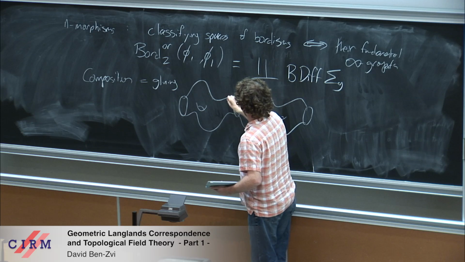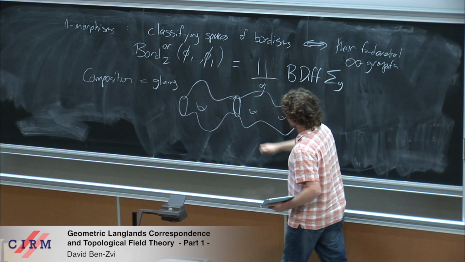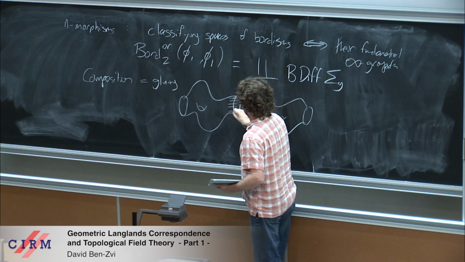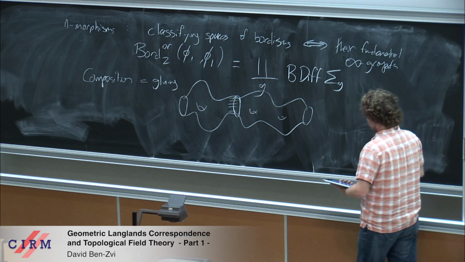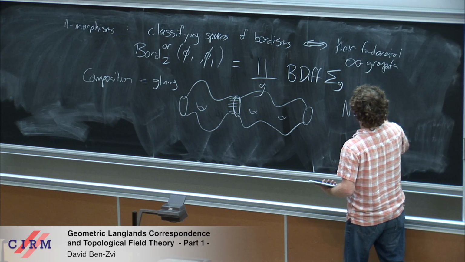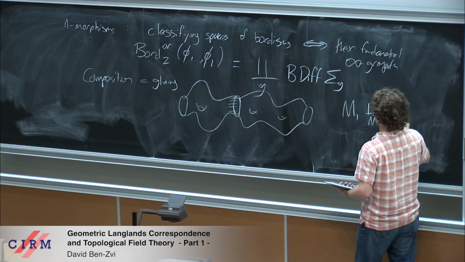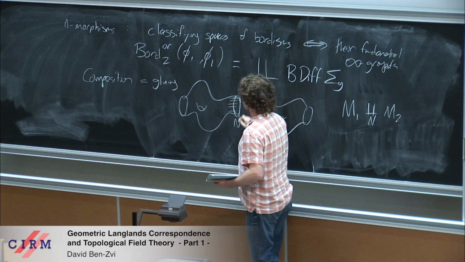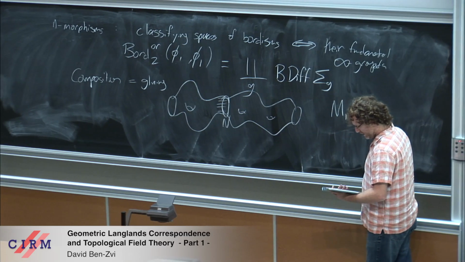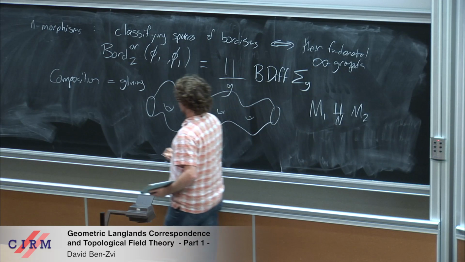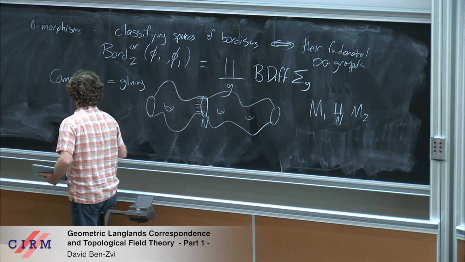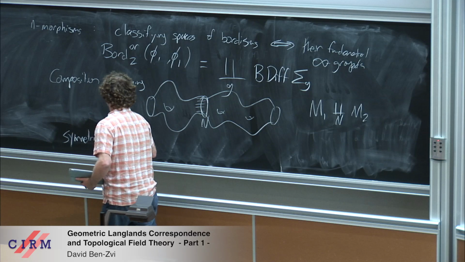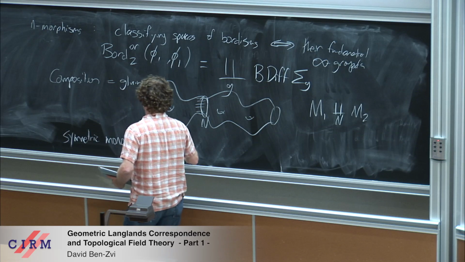I'm going to glue them, and I have the tangential structure along the boundary to enable me to make this gluing. So the composition is basically gluing over common boundary pieces. That's the caricature, and then the symmetric monoidal structure: there's a natural operation you can do on these bordisms, which is disjoint union.